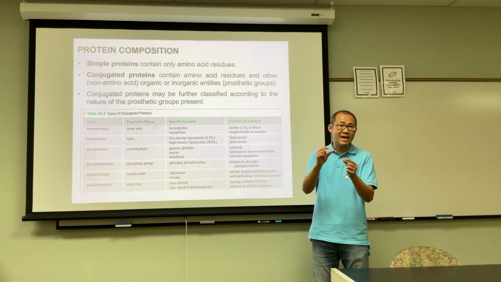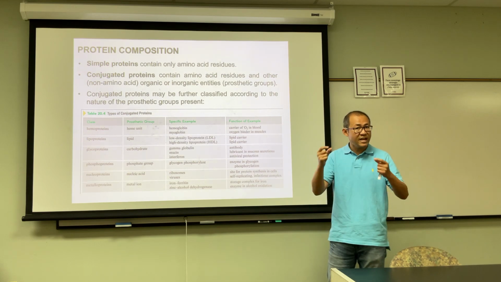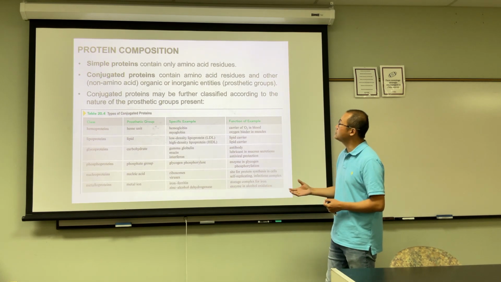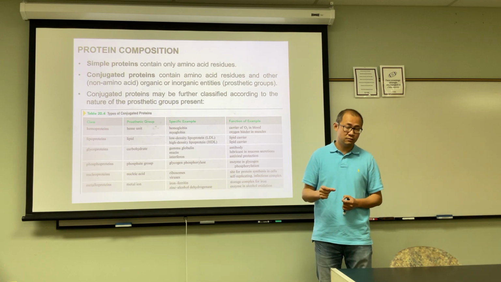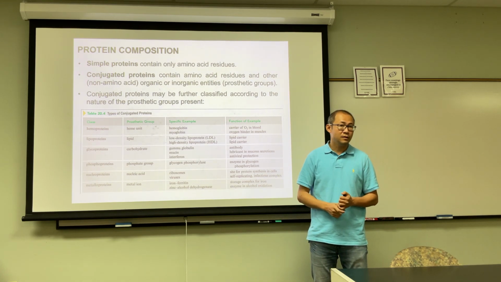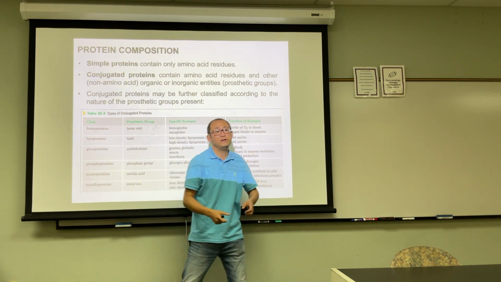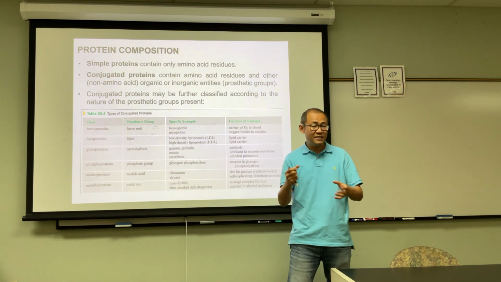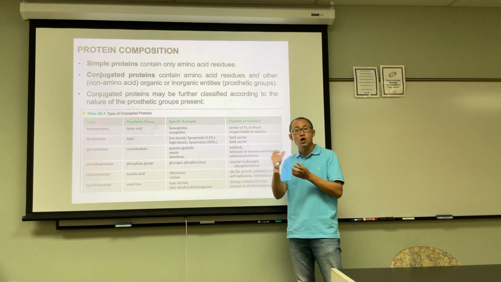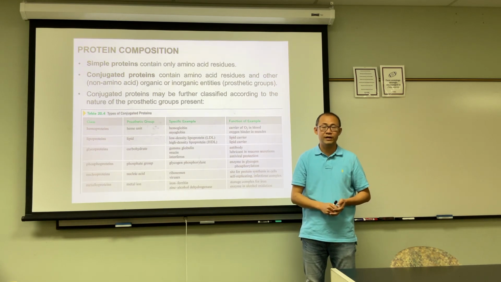That means besides the amino acid polymer part, the chain of amino acids part, it has other components, either organic or inorganic, conjugated together. This word conjugate means what? Means linked together. So besides the amino acid polymer, it's conjugating with some other components, either organic or inorganic.